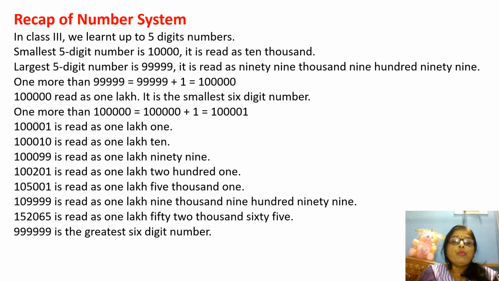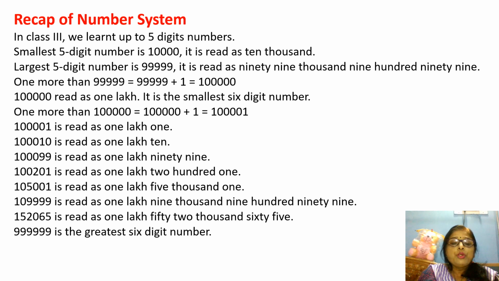You know, one more than 99,999 is 1 lakh, and 1 lakh is the smallest 6-digit number. Already I have explained all about this. And one more than 1 lakh is 1 lakh 1, and it is written as 1 lakh 1.